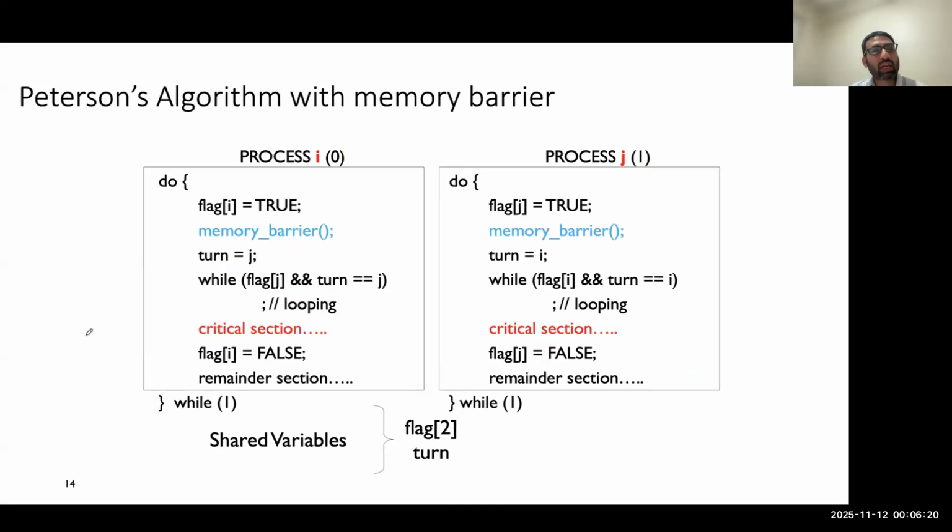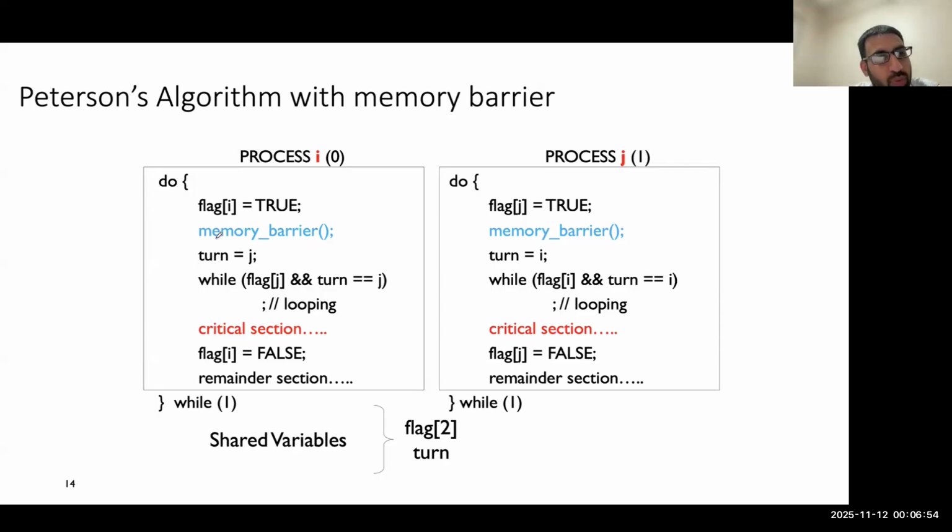Now the question is how it can be used to solve Peterson's algorithm. If we are running Peterson's algorithm on a modern machine, and we want to be sure that in all executions it correctly solves the critical section problem, we need to use barriers, because we don't want to risk the situation where the instructions are reordered and more than one process is able to enter the critical section.